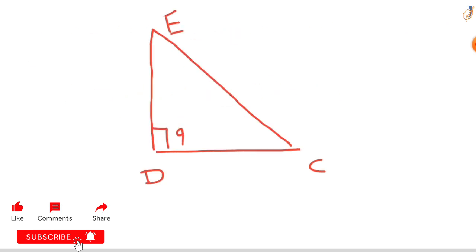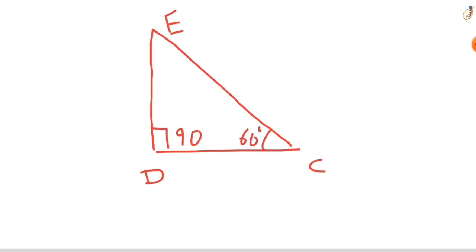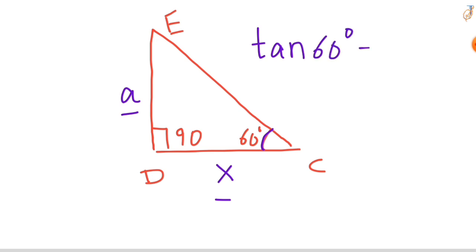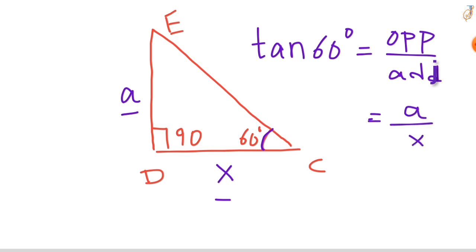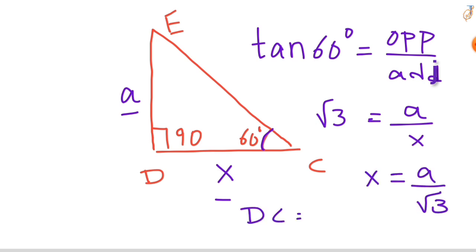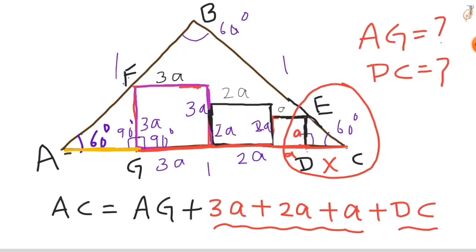We know DE length is A and we assume DC length is X. The angle opposite side is A, the adjacent side is X. So let's use the trigonometric ratio: tan 60 equals opposite side by adjacent side. The opposite side is A, the adjacent side is X, and the value of tan 60 is root 3. So from this we can find X equals A over root 3. That means the DC length is A over root 3. We found the DC length.